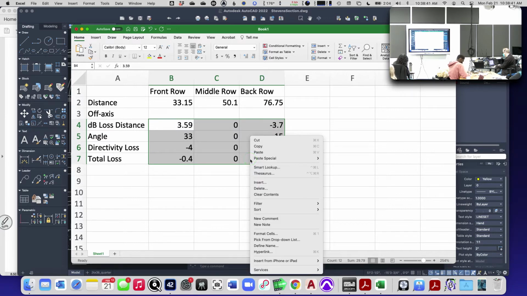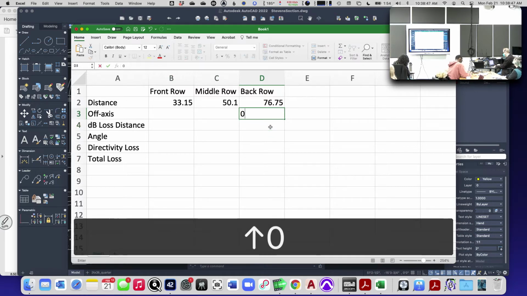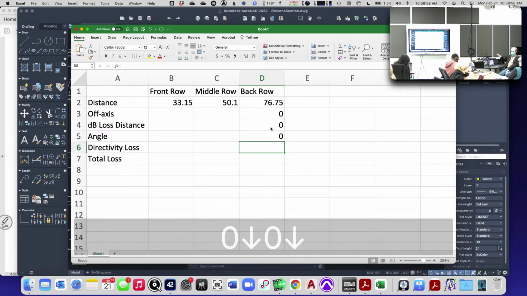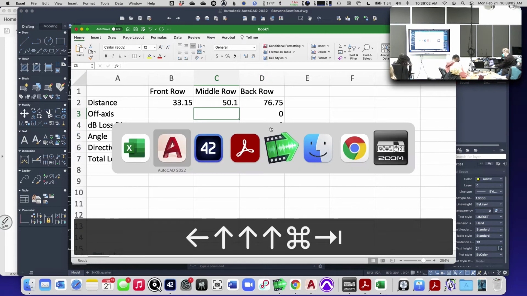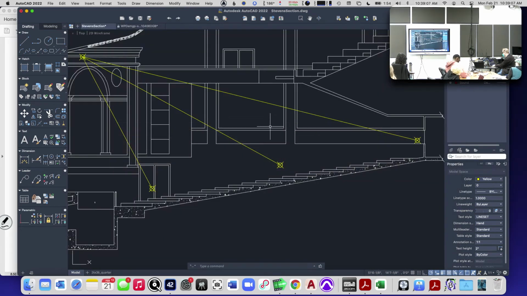So we are going to now assume that we're pointing towards the back row, which means 0 degrees off axis, 0 dB loss over distance at that 0 degrees angle. We're pointing at the back row. Okay? Well, let's see here. How many degrees off axis are we at the middle row compared to the back row?